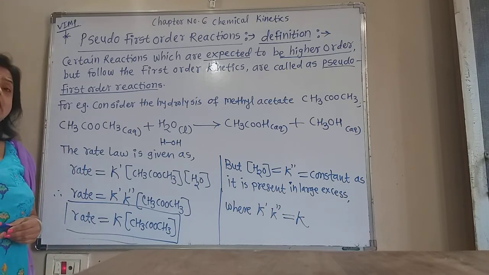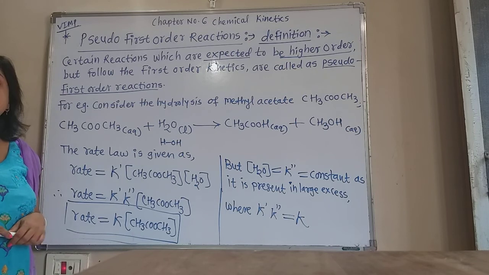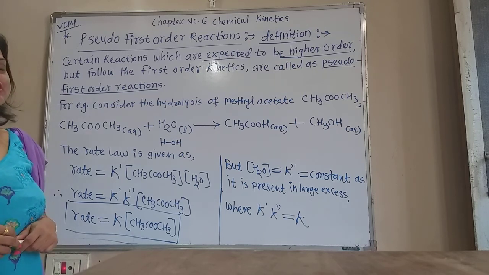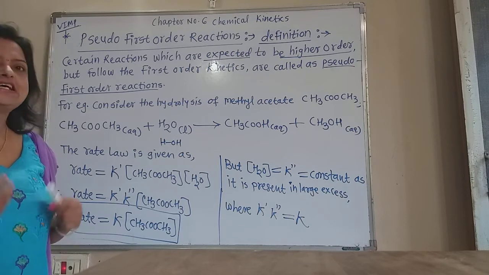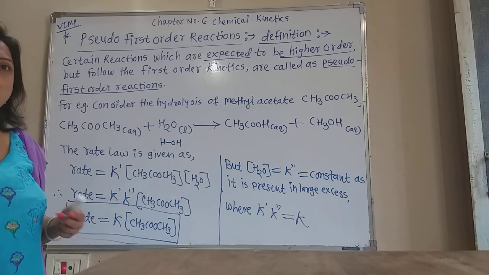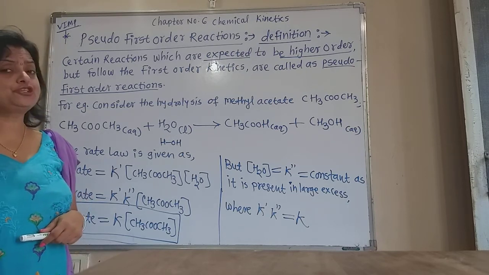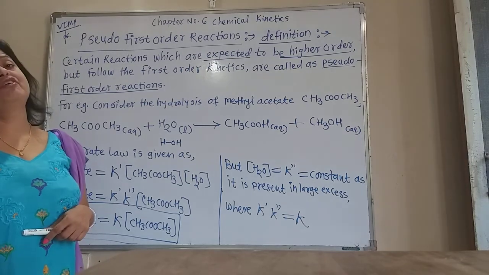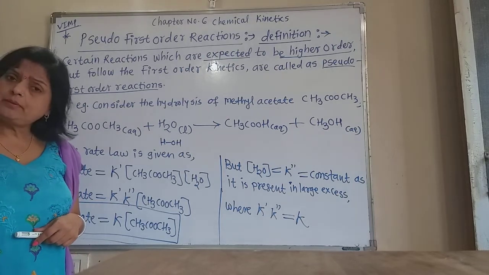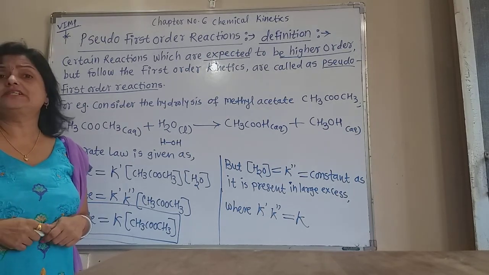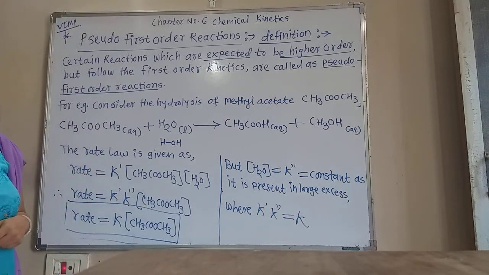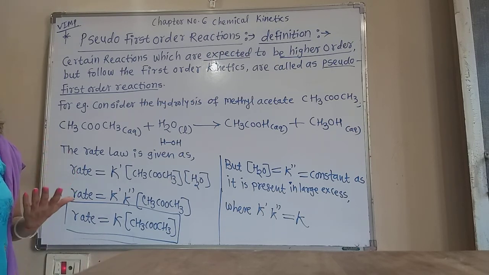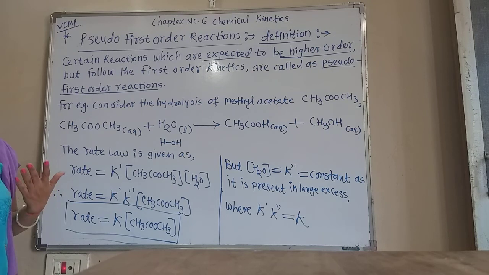Again, another example of a pseudo first order reaction is the hydrolysis of cane sugar, that is sucrose. What is the formula of sucrose? C12H22O11. If we hydrolyze the sucrose, what do we obtain? One molecule of glucose and one molecule of fructose, by water. If we carry out the hydrolysis in a similar manner, we get glucose C6H12O6 and fructose C6H12O6.